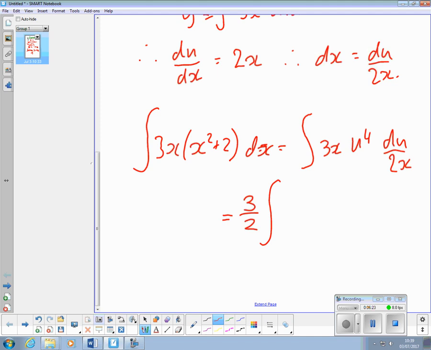What can we do with the x's? Cancel them out. The whole purpose of this method is that we end up with the x's cancelled out, and we have that in terms of du instead of dx.